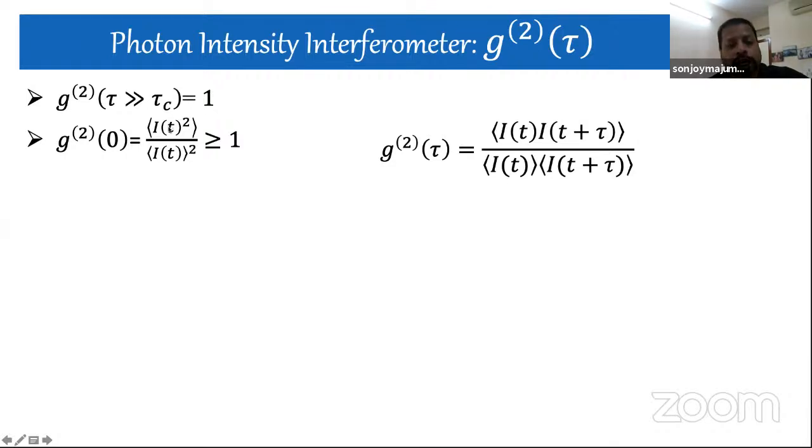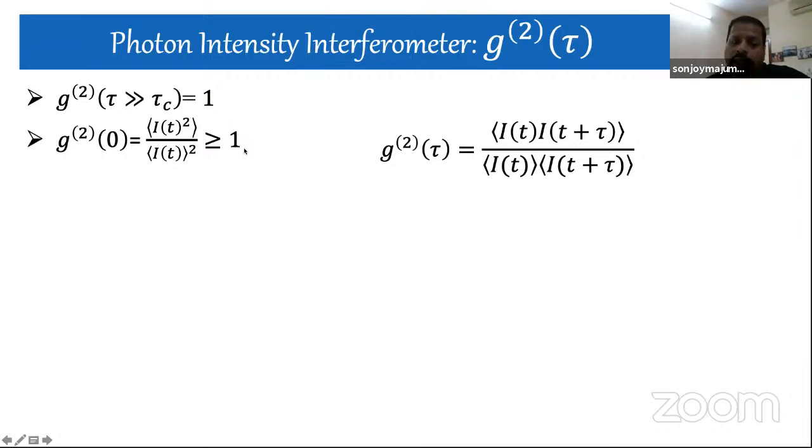So you expect that this will be much more than the square of the mean value of the intensity. When you take the time average, the numerator will be more than the denominator, the mean of I(t) squared. Since the numerator is much more than the denominator, G2 will be greater than or equal to 1.